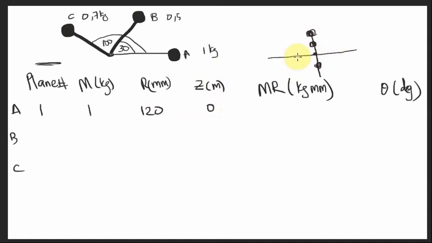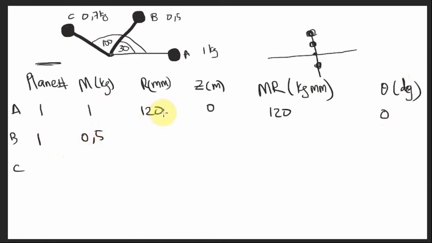This distance we're going to treat as 0, because we're not taking it from any reference. Then M times R, the mass multiplied by the radius, so we still get 120. And the theta is in degrees, so A is 0 degrees.